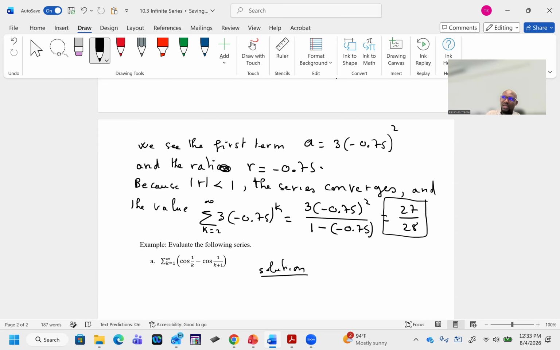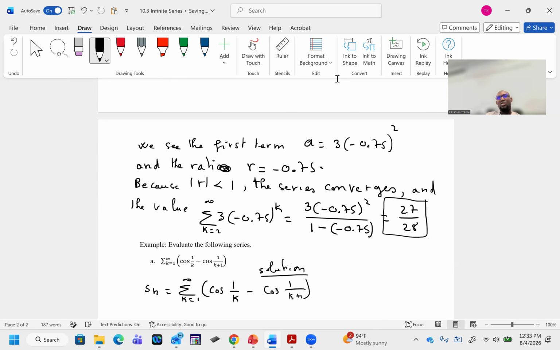Evaluate means what? Find the sum, right? We know our Sn is given to us as the sum from k equals 1 to infinity, cosine of 1 divided by k minus cosine of 1 divided by k plus 1.